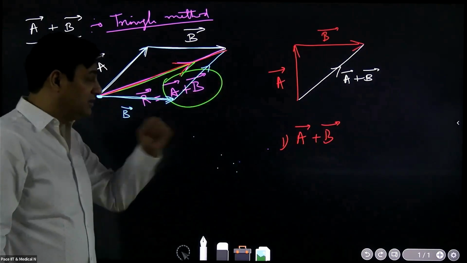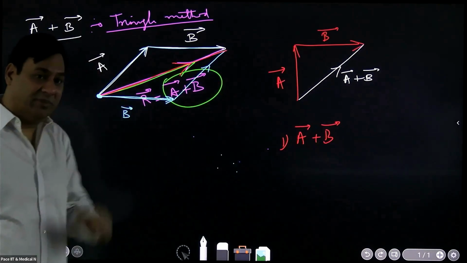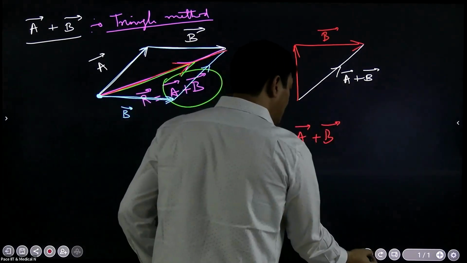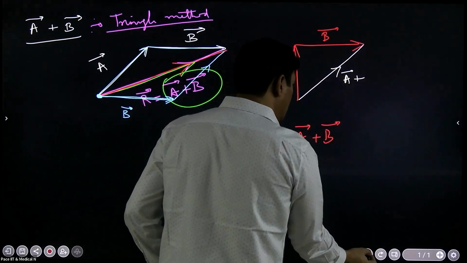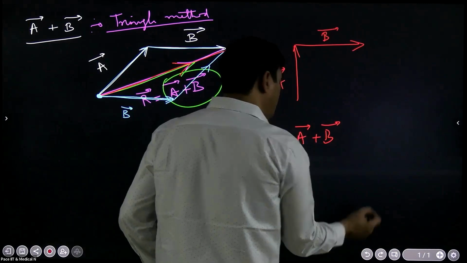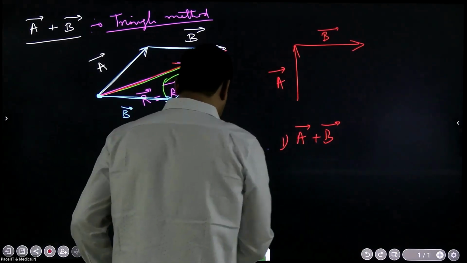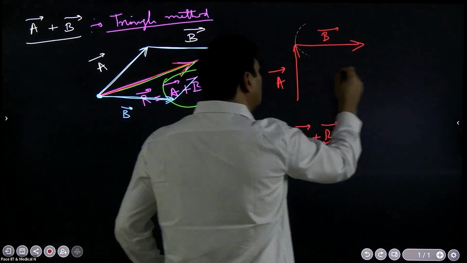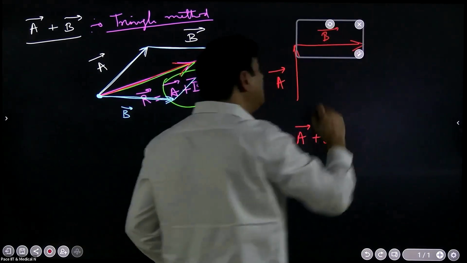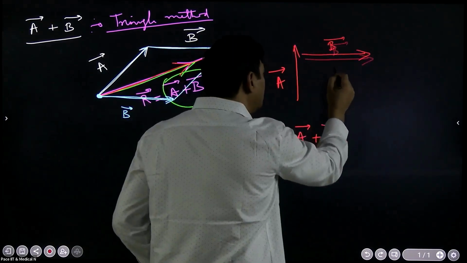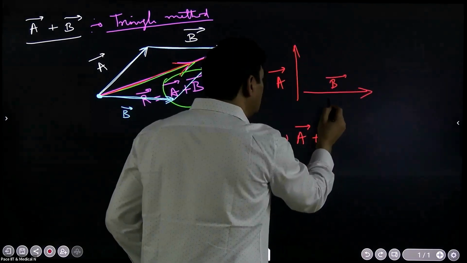Now I want to do the same thing for parallelogram. अब मैं इसको हटा देता हूँ, A plus B. अब B को उठा के वापस से और हम लेके आएंगे कहां पे? Now I have to place their tails together. So I'll shift B from here and I'll put their tails together.